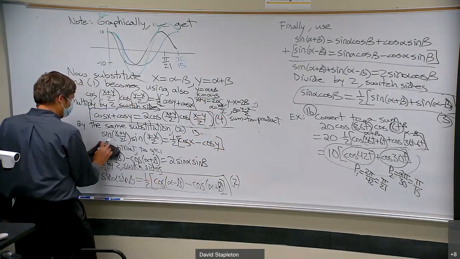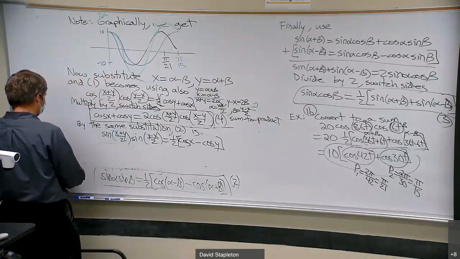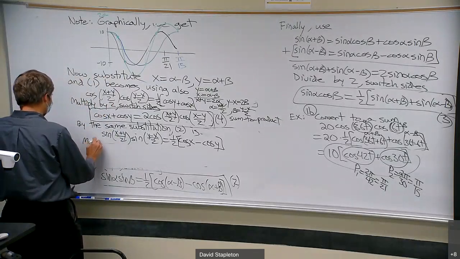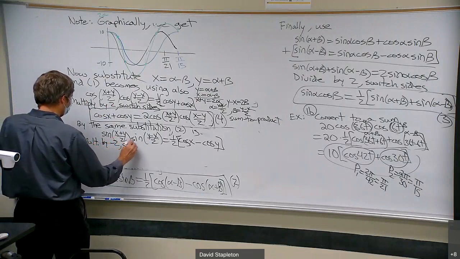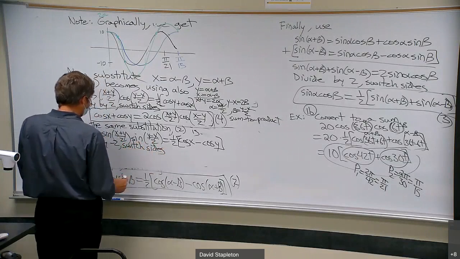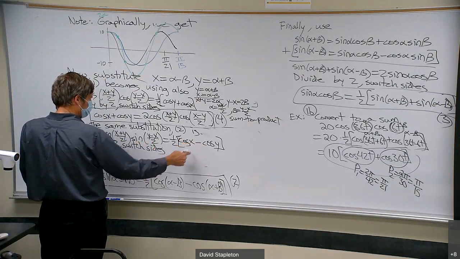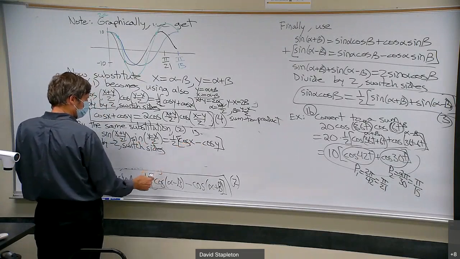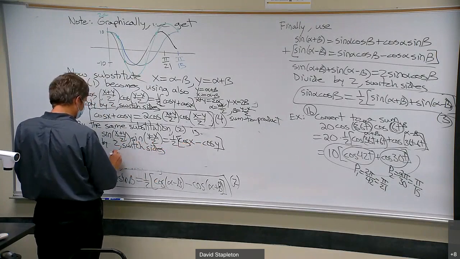Switch. So multiply by -2, switch sides. What you get out of this is cosine y, actually, let's just multiply by 2. Let's say cosine x minus, and switch sides.